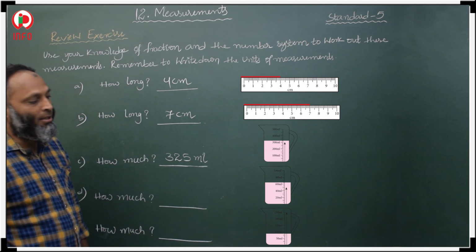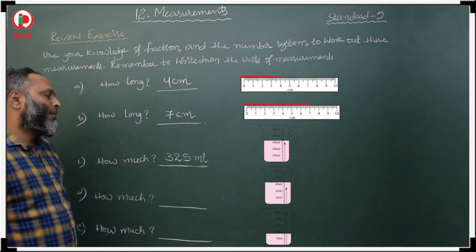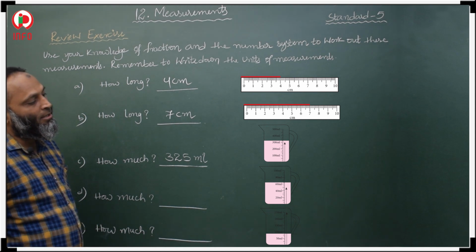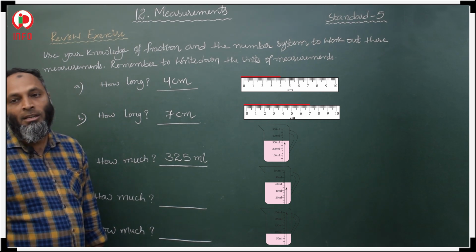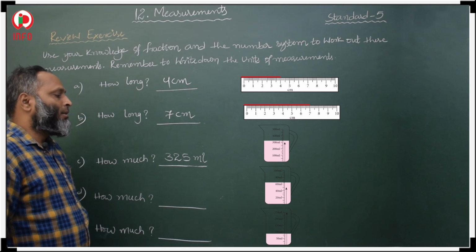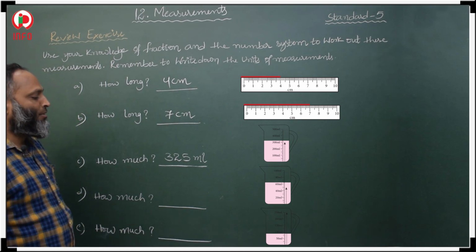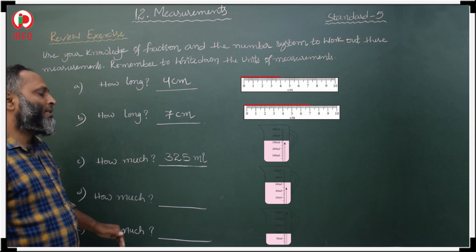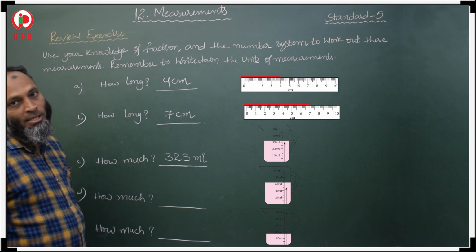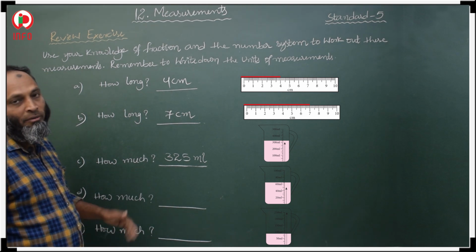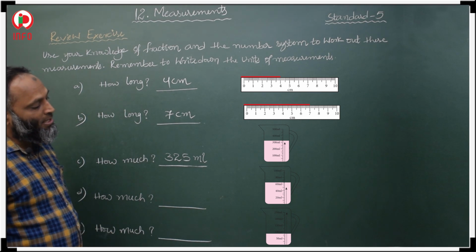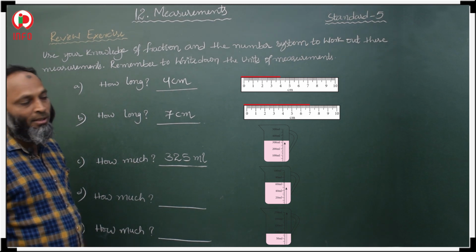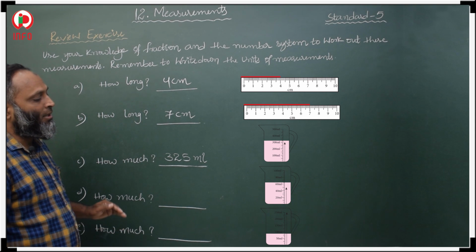Then in the second container, the second beaker, it is again marked from 0, then 50, 60, like that. In the second beaker the markings go from 0 to 20, 20 to 40, 40 to 60, 60 to 80, 80 to 100, in steps of 20. There are 4 more lines between them, so each line represents 5 ml: 20, 25, 30, 35, 40.